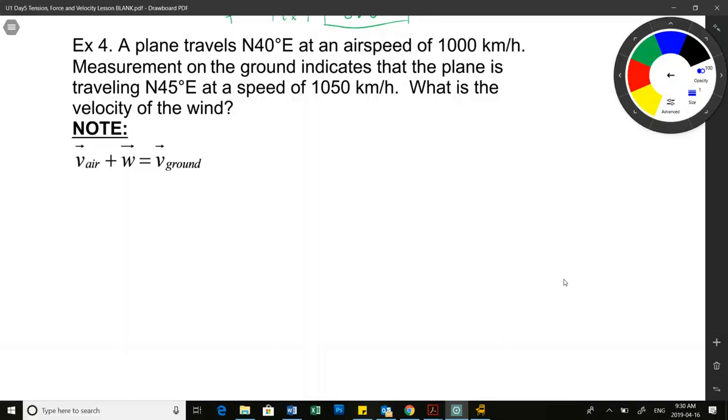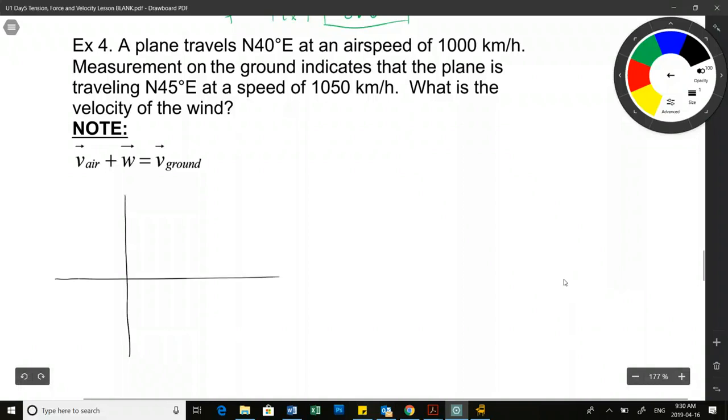So far, so good? Okay, so we're going to draw a little picture here. Start with your quadrant grid. We have north 40 degrees east. If you would like, you can also try to create a good scale for this as well. So maybe you say that 5 centimeters is equal to 1,000 kilometers per hour, something like that.